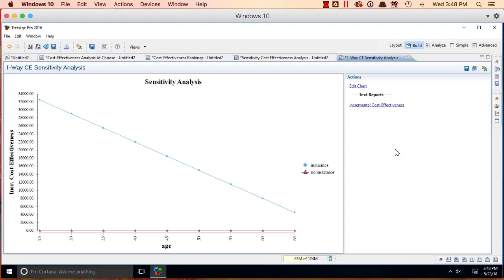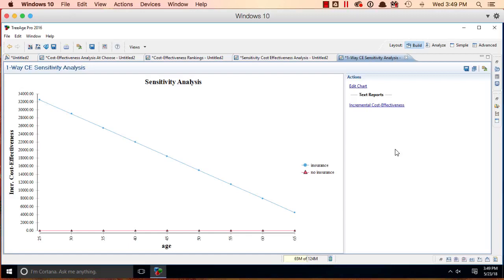The biggest ICER you get is that y-intercept where it's $32,000. $32,000 is less than $50,000. So insurance is cost effective for ages 25 through 65, and it's more cost effective the older you are. So when you're older, maybe you do pay a little more for health insurance, but you're paying less per quality adjusted life year because insurance is more valuable.